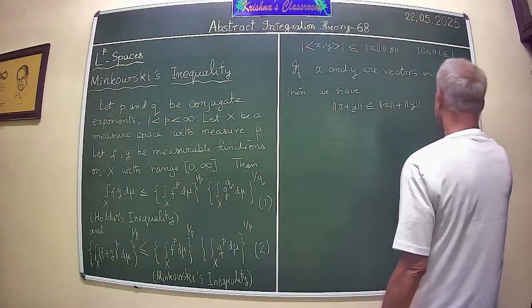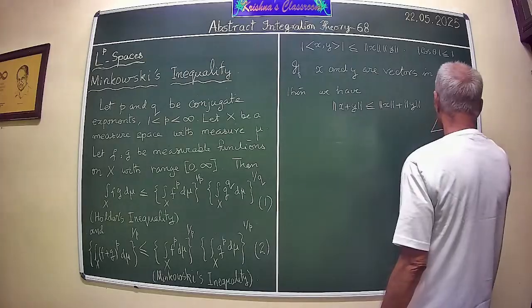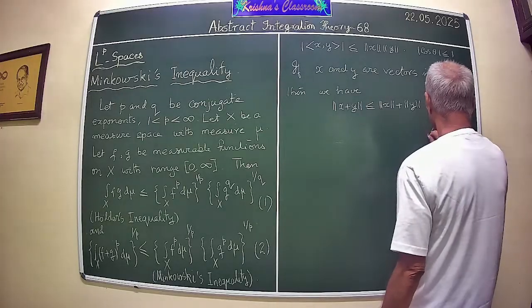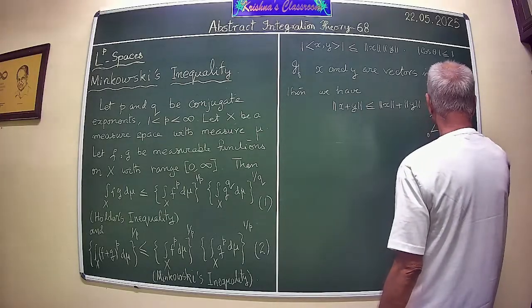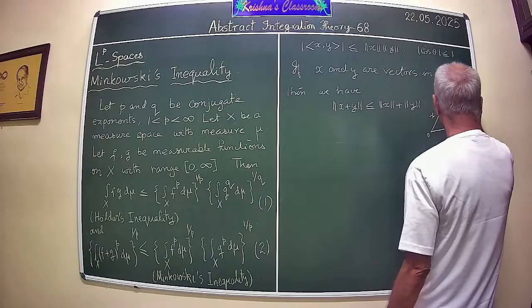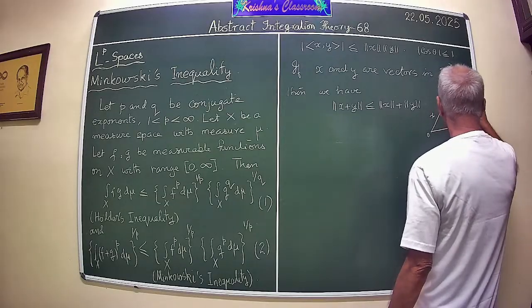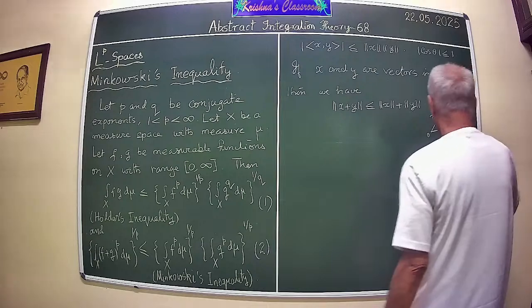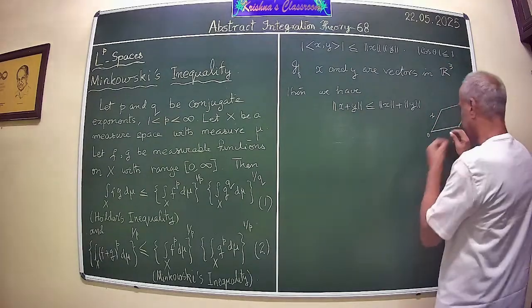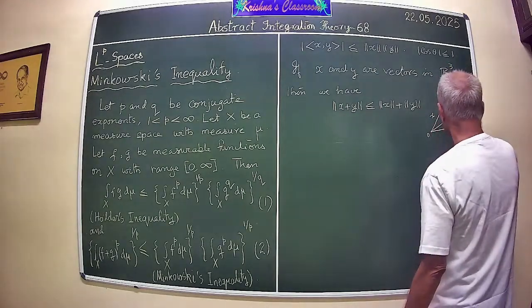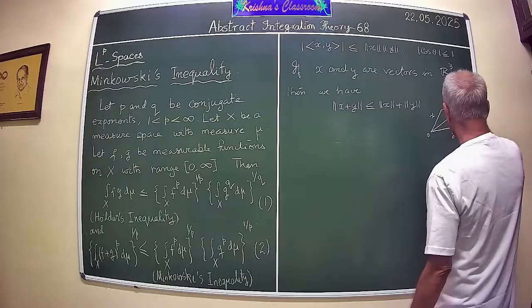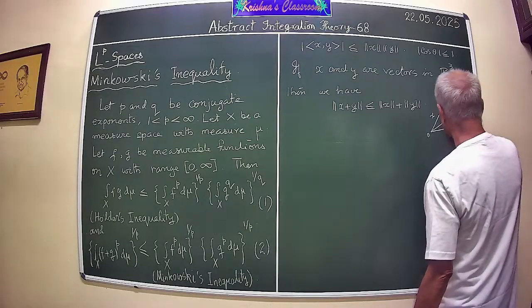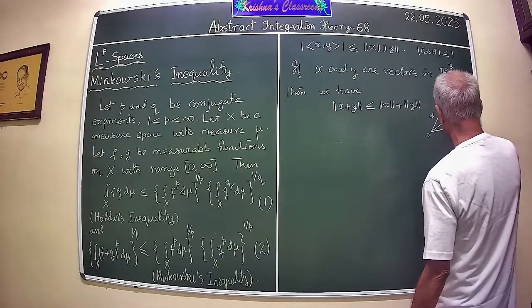Or geometrically, this means the following. This is the vector x, this is the vector y. Then, by definition of the addition of vectors, you see that the diagonal represents the vector x plus y.